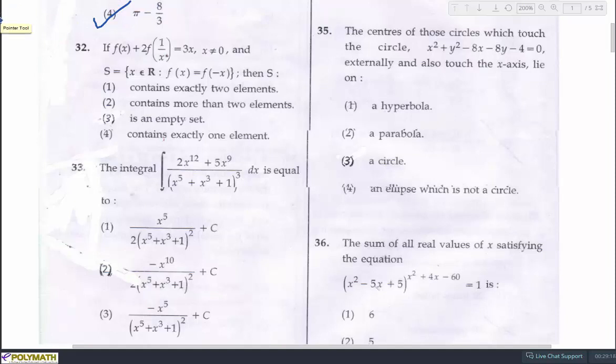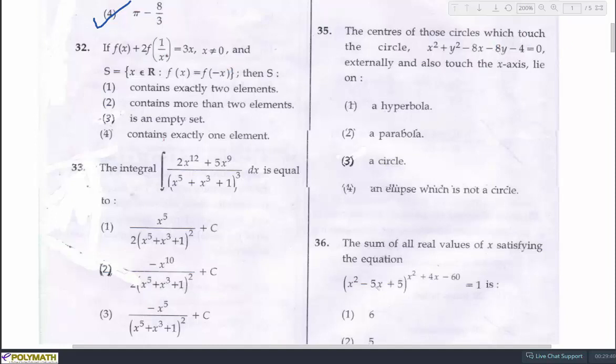So this is a function given here from which you have to extract f of x, and after extracting f of x, you have to equate f of x and f of minus x, and thereby you have to see the solutions. So let us see that.